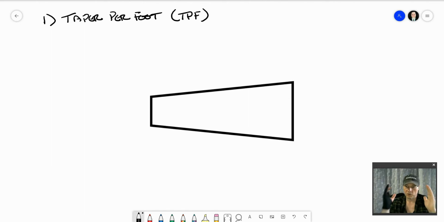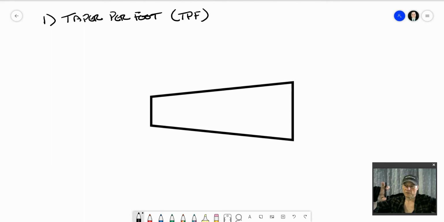So that 2-inch taper per foot essentially means that if that piece of material required a taper that was 12 inches long, by the time you finished your taper, and you measured the large end and the small end, you would notice a 2-inch difference in diameter.